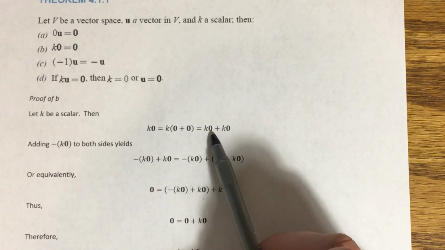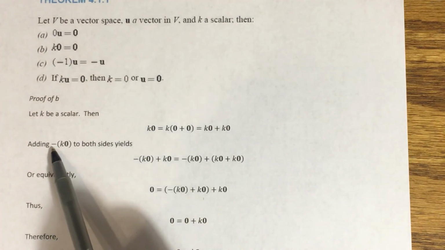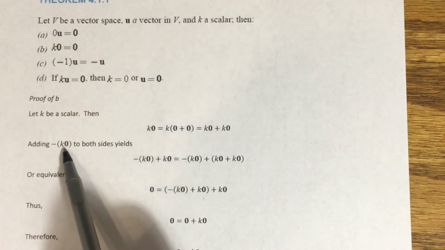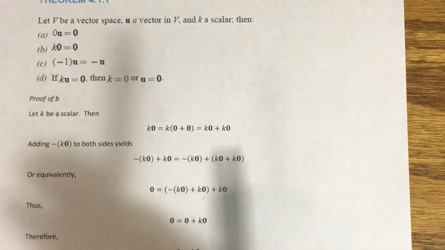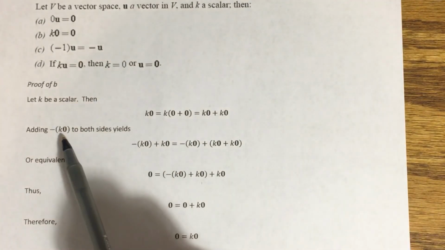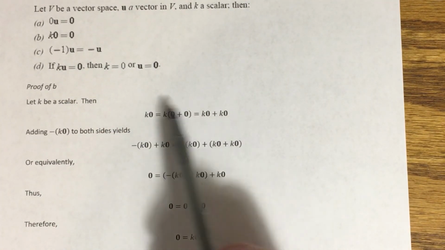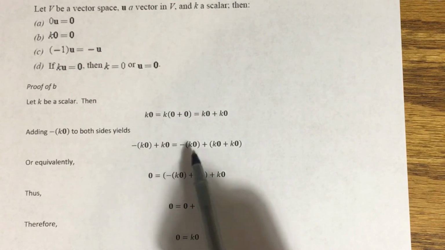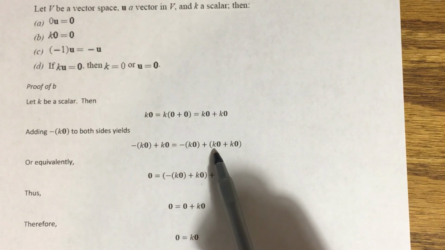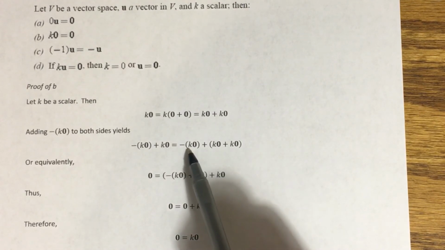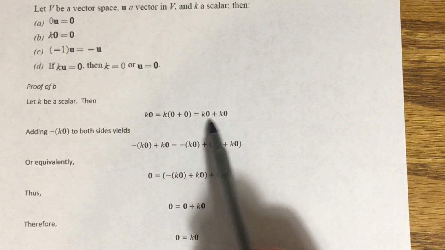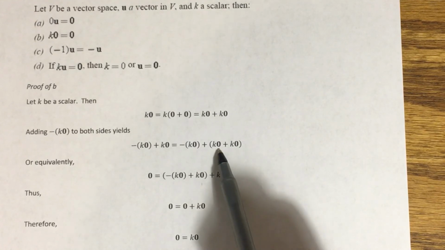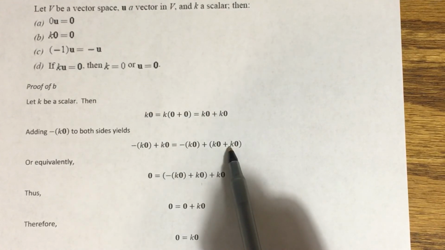So whatever k times 0 is, there's another vector that I call negative k times 0, and this functions as an additive inverse. So if I were to add this to both sides of this equation here, I get negative k0 plus k0 equals negative k0. Now notice the parentheses here. It's because I'm adding a quantity to a sum that was already there. So the assumption is that this sum would have been performed first. Okay.